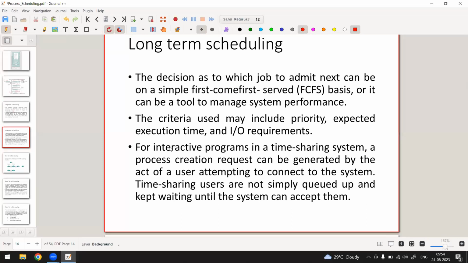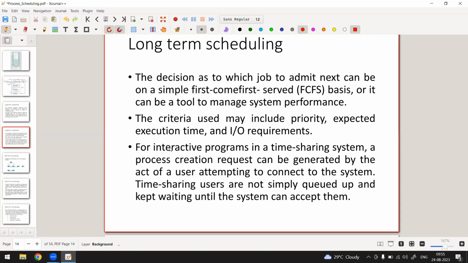This kind of decision is either on an FCFS basis. It means that if you have 5 processes in the system, then which process should you put in the pool of executing processes? It depends on various factors.